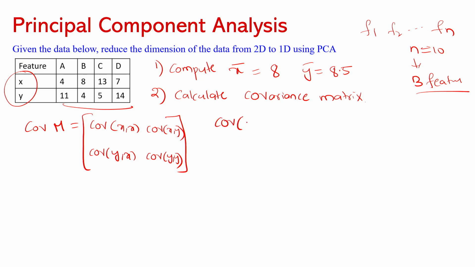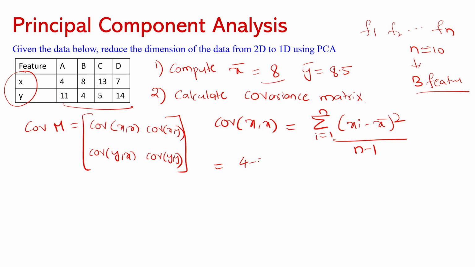Covariance of X comma X. What is the formula here? Summation of i equal to 1 to n, xi minus x bar whole square, divided by n minus 1. This is the formula for finding the covariance of a variable. What is x1? x1 is 4, and x bar is 8.